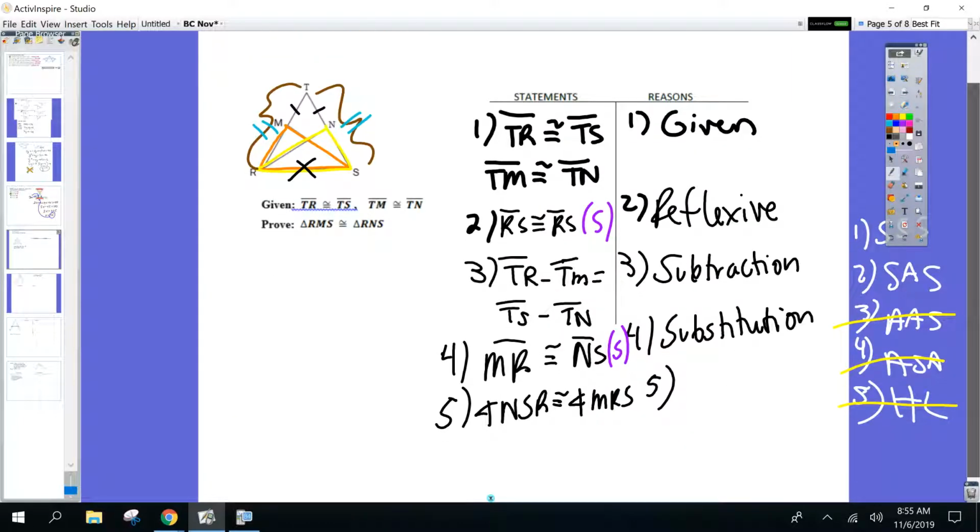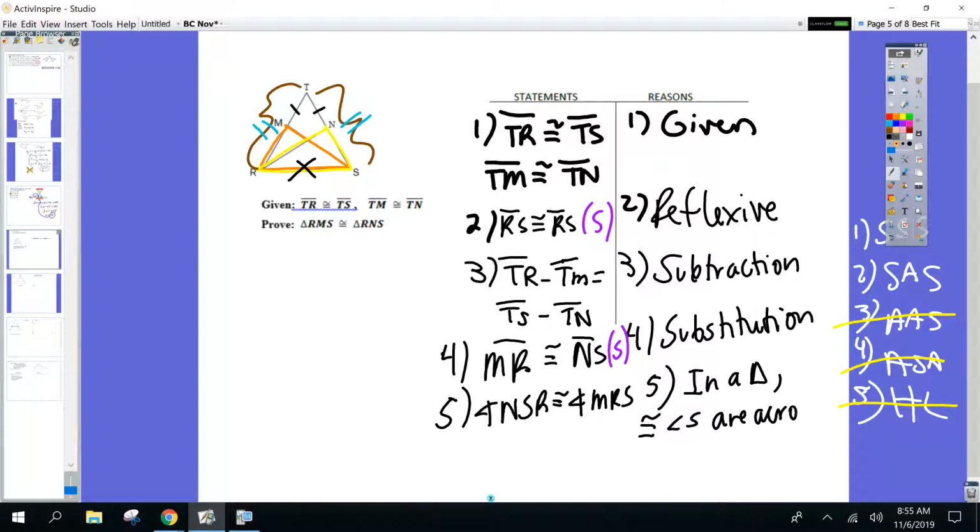And here's the reason why you do not have to tell me it's isosceles. How am I going to start this reason off from yesterday? In a triangle. So it doesn't matter isosceles or not. In a triangle, congruent angles are across from congruent sides.